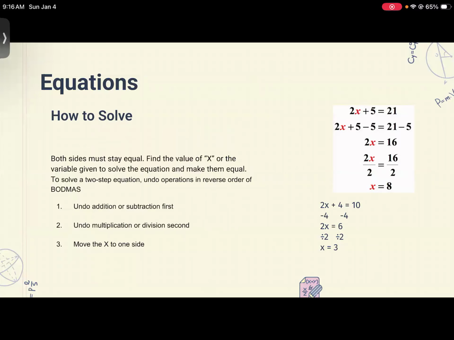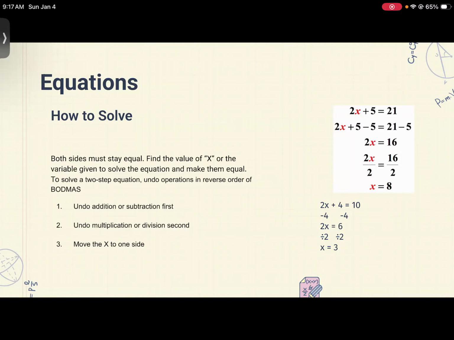So how to solve two-step equations is to make sure that you do the reverse order of BODMAS. So BODMAS says division, multiplication, addition, and subtraction, but you actually want to do it the other way around. So we would start with subtraction or addition, and then we would do multiplication or division. And the reason for that is so we can properly isolate it.